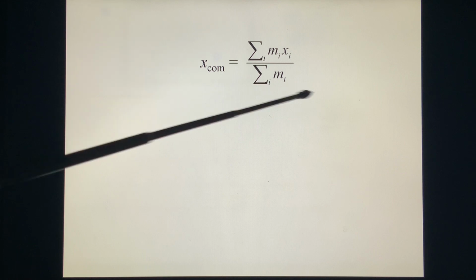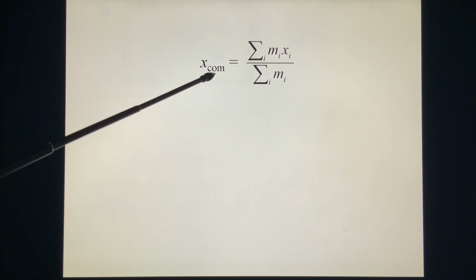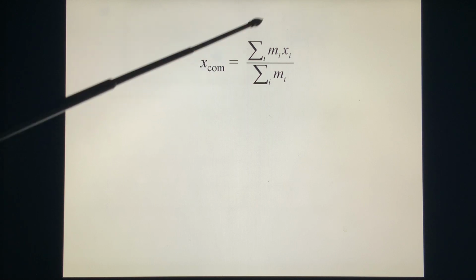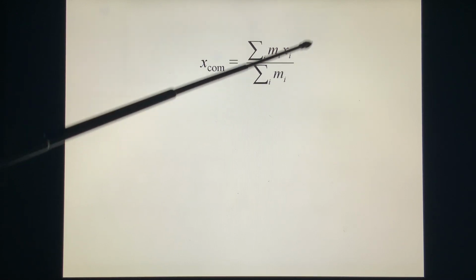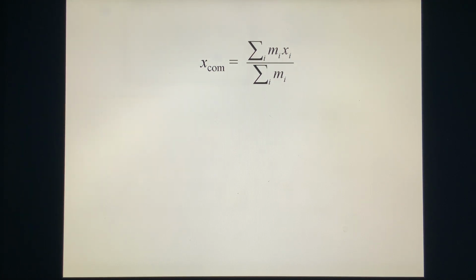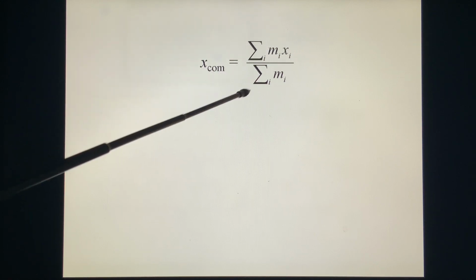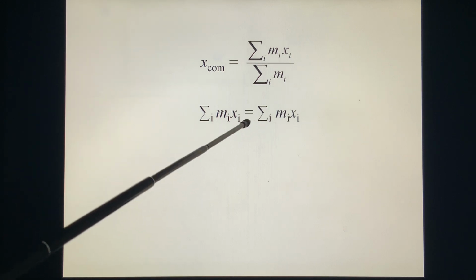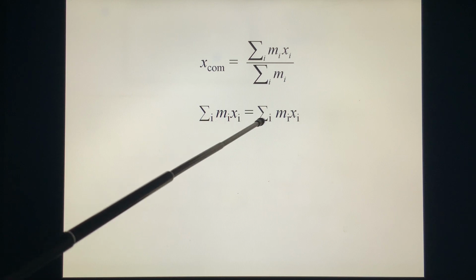Now let me explain how I remember this formula. This is the basic formula: x com equals sigma mi xi over sigma mi. From this formula, we could extend to y com, z com. We can extend to integration dm and so on. How do I remember this formula? I just write the equation: sigma mi xi equals sigma mi xi.